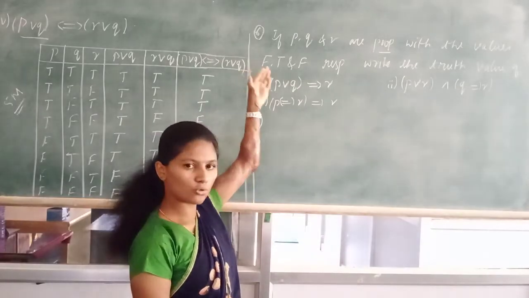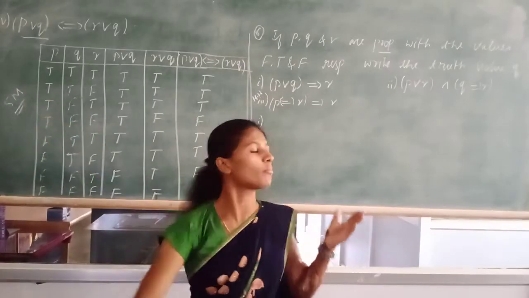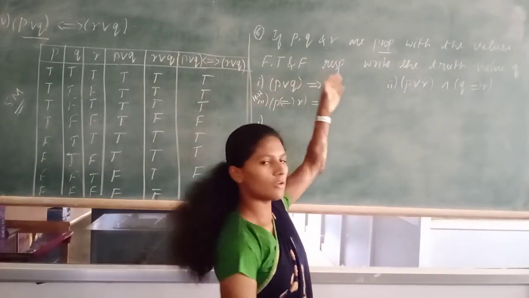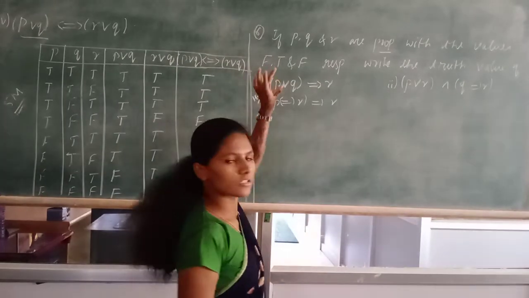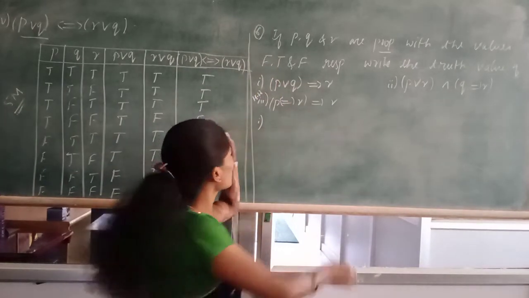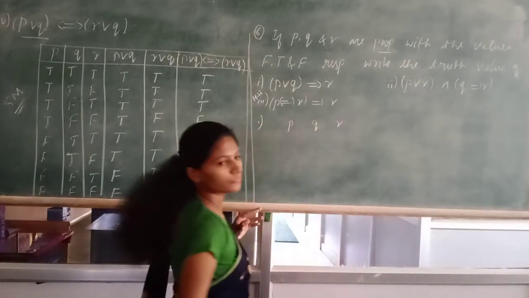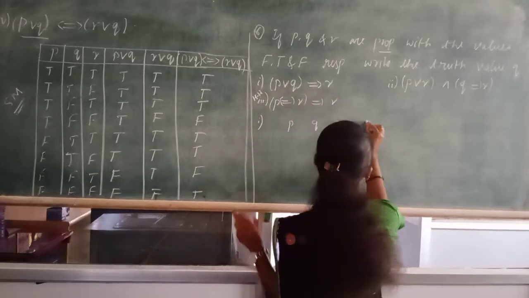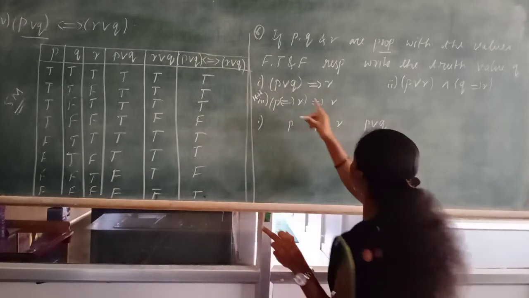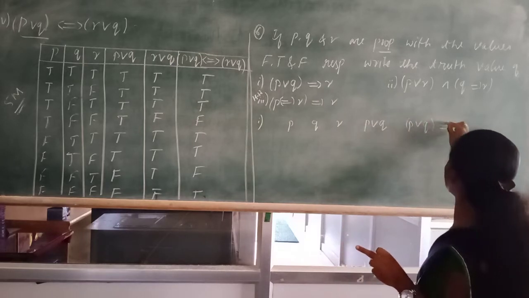We have to take only those given values, not other values, and with them construct the truth table. So first we have P, Q, R. In the first problem, P ∨ Q, and at the end, (P ∨ Q) implies R.